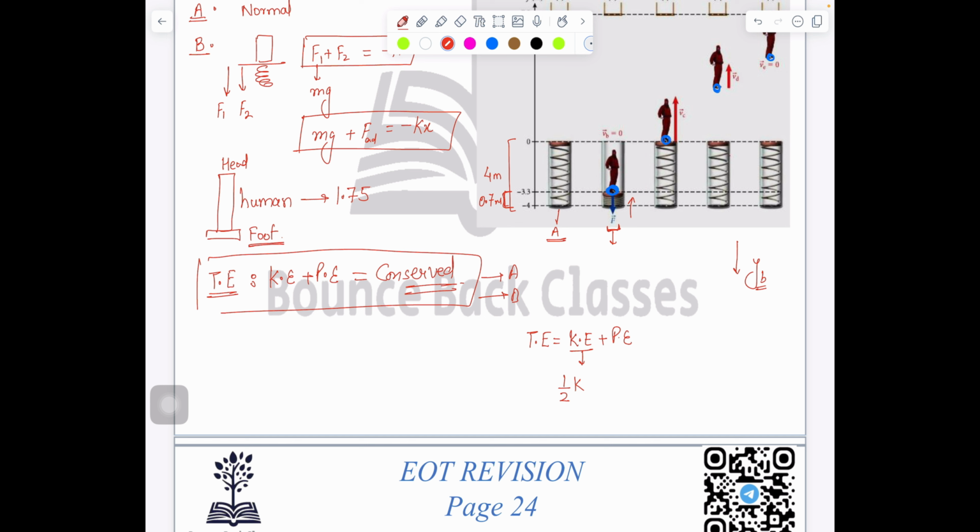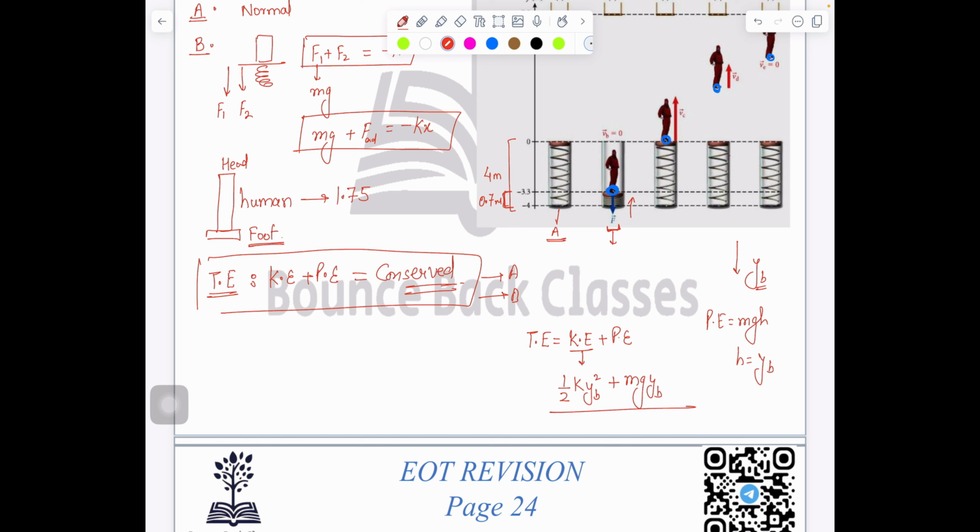Sure? So yb square. Clear? Plus mgh. We know potential energy is mgh. What is the height here? yb. Clear? You understand?